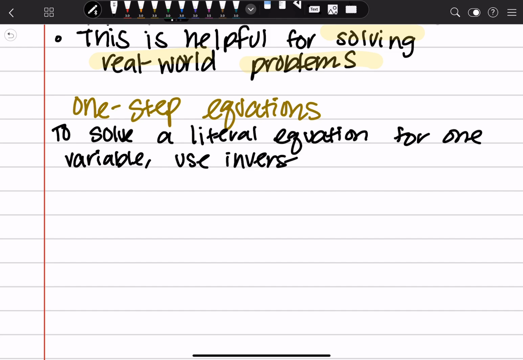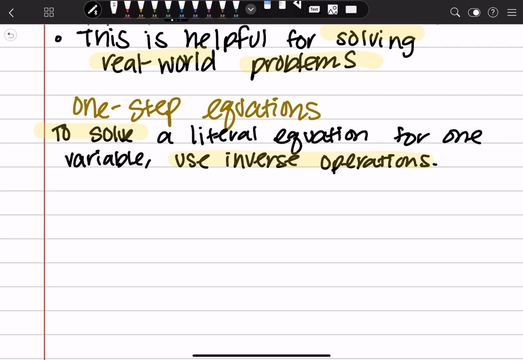And that's exactly what we were doing when we were solving normal equations as well. So don't fret. And you'll notice I'm only highlighting important words so that if I read the highlighted, to solve, use inverse operations, that makes sense to me. And that's basic note-taking skills 101 that will really help you when you're off at college.